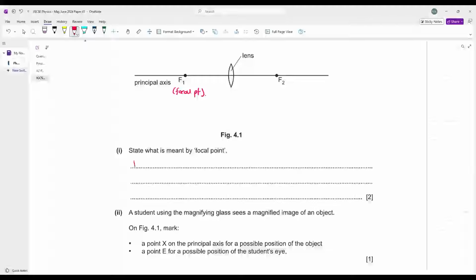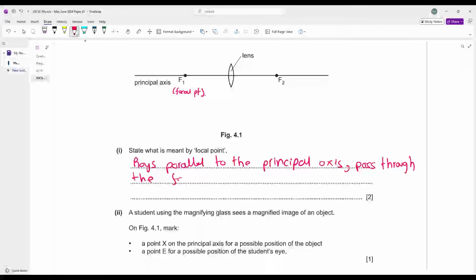Rays parallel to the principal axis pass through the focal point after hitting the lens.